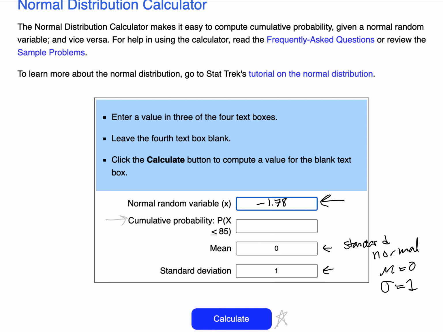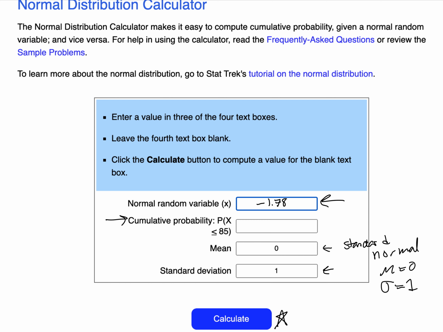We just have to plug in the mean and plug in the standard deviation. Once those 3 things are plugged in, you just hit the calculate button and it will give you an answer. So here is that plugged in.